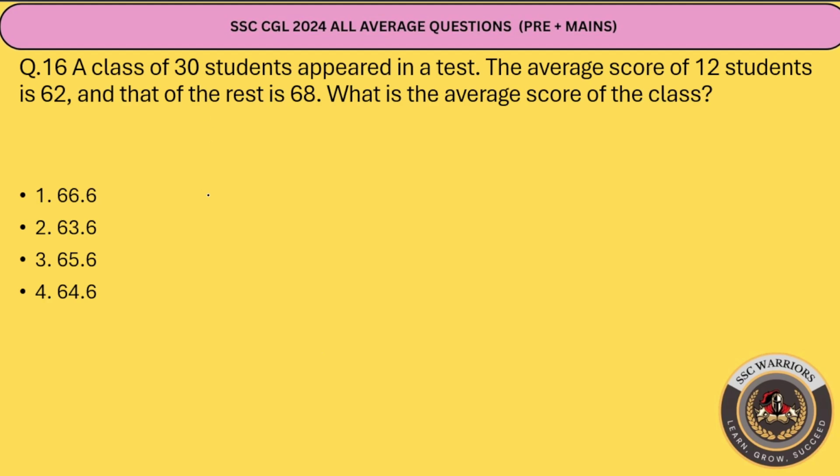Okay. A class of 30 students appeared in a test. The average score of 12 students is 62 and the rest, that is 18 students, what is their average? 68.